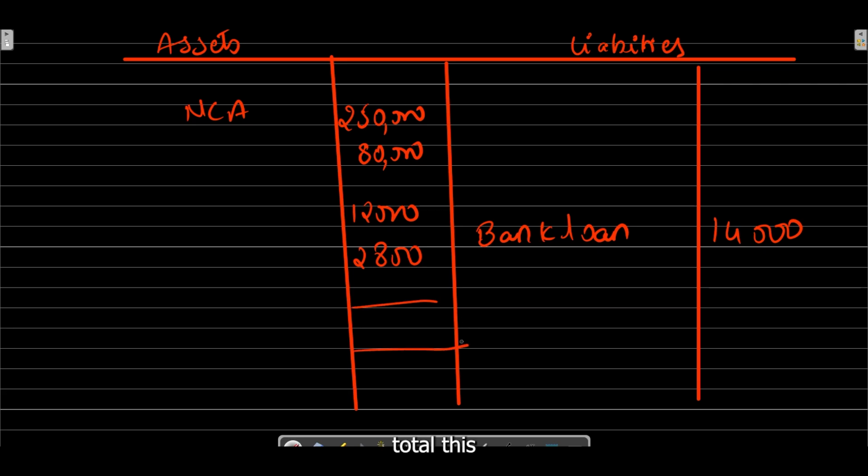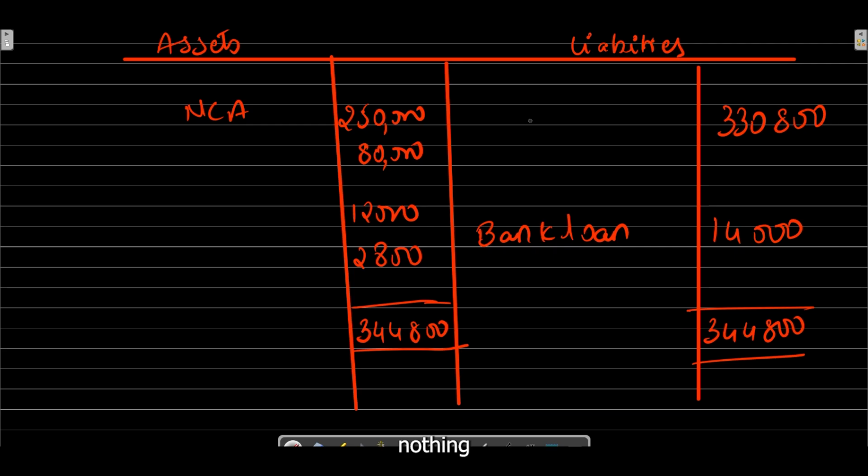If you total this amount, it will come to 2,50,000 plus 80,000 plus 12,000 plus 2,800. This will give you 3,44,800 minus 14,000. So the answer is 3,30,800.